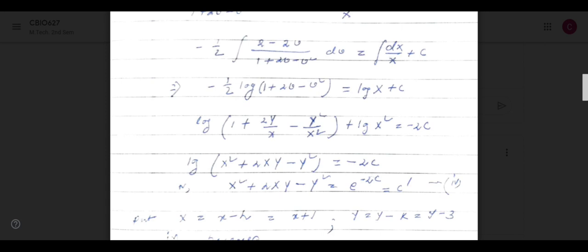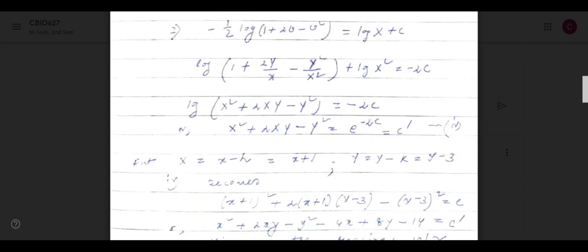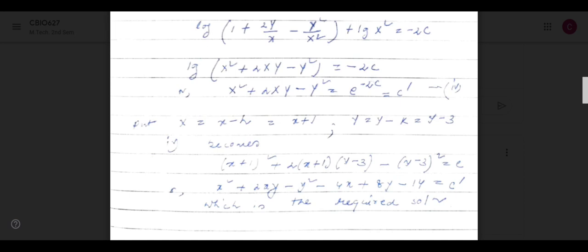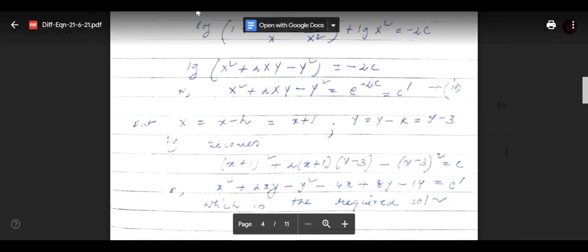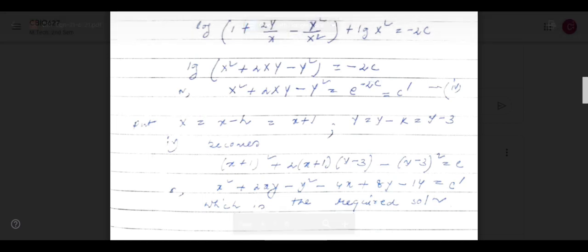Okay, so everyone completed the first one? Yes, ma'am. Shall I explain the second one? Any problem in the first one? Do you have any problem in understanding the first part? Satish and Bablu? No, ma'am, I got it.